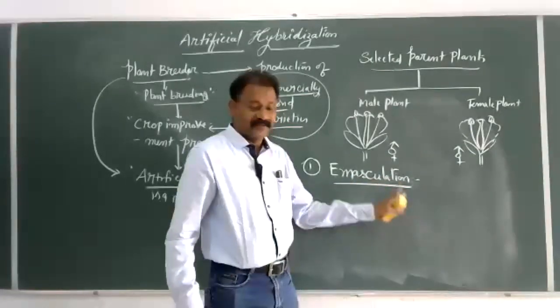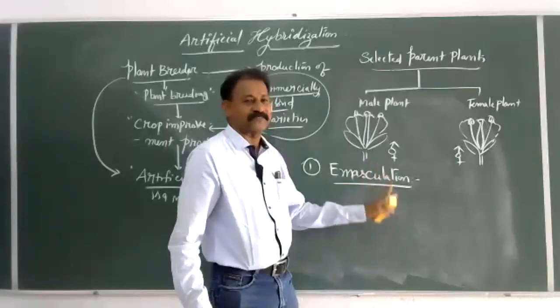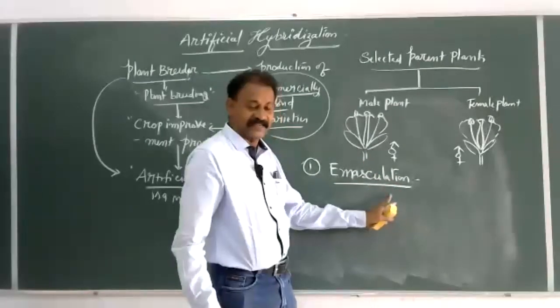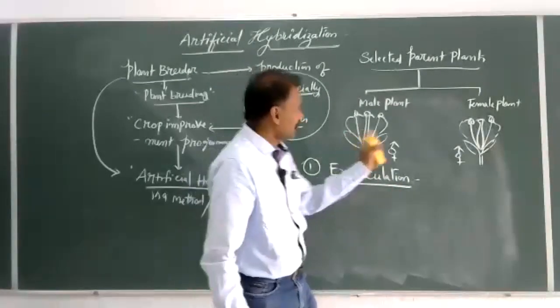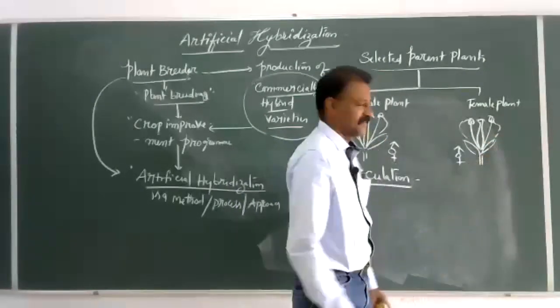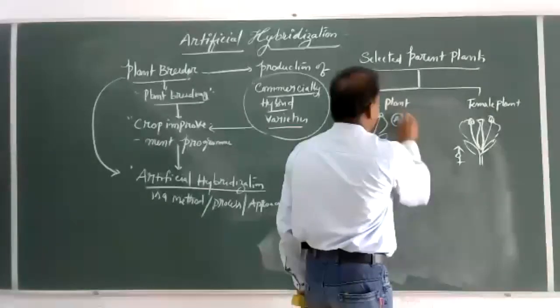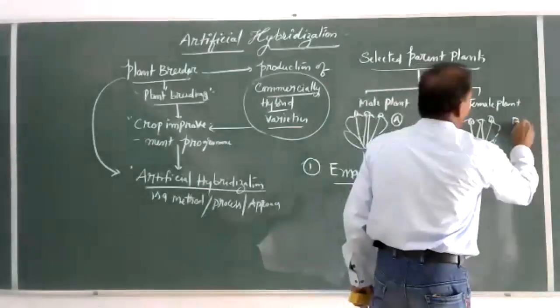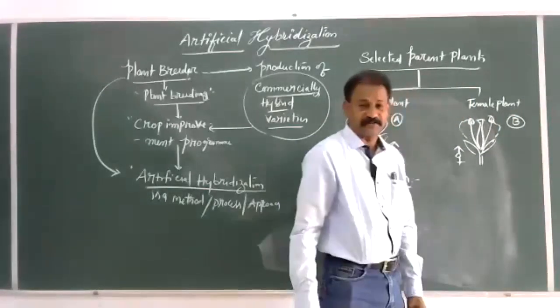E-M-A-S-C-U-L-A-T-I-O-N. Emasculation means what? It is a process. Let us see. Out of these 2 plants, consider A as the male plant and B as the female plant, just for information.